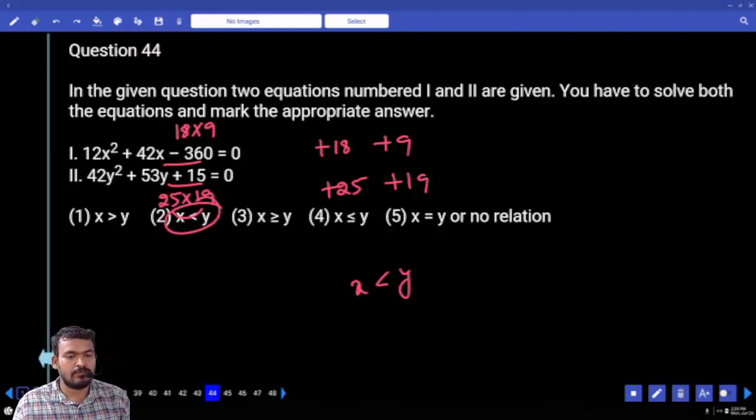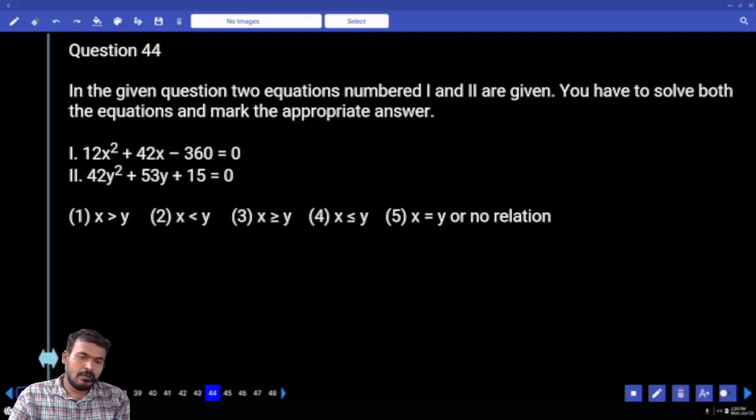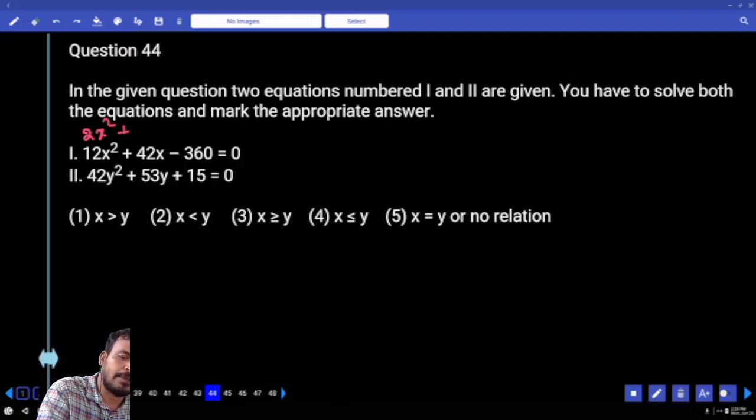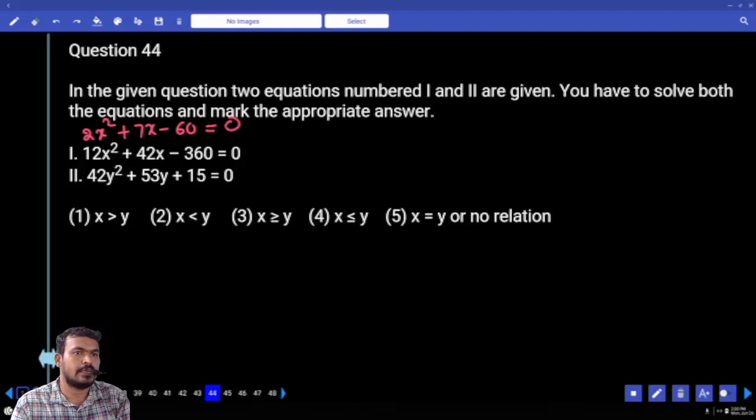Next question number 44. First equation, entire first equation is divided by 2, or not? Divide by 2 or divide by 6? Divide by 6. Then first equation written 2x square plus 7x minus 60 equal to 0. Entire first equation is divided by 6. 2x square plus 7x minus 60 equal to 0.